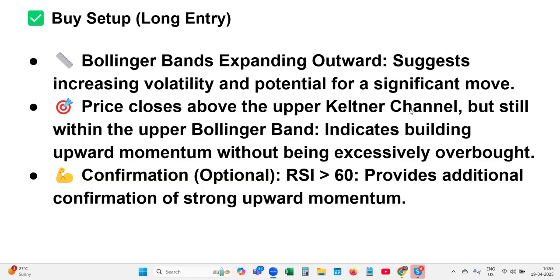Then you can take the consultation with the RSI. When RSI shows that I am above 60, it provides additional confirmation of strong upward movement. So these are the three things you need to see for the buy setup.